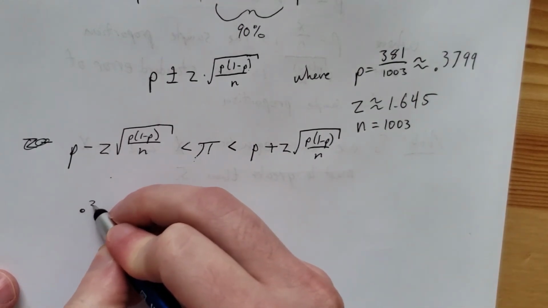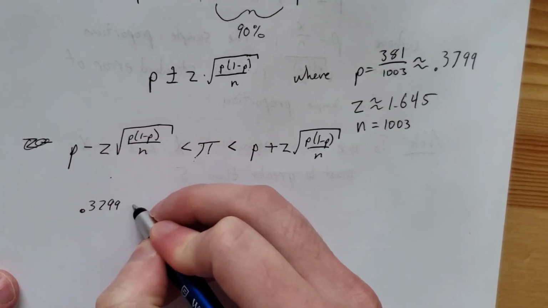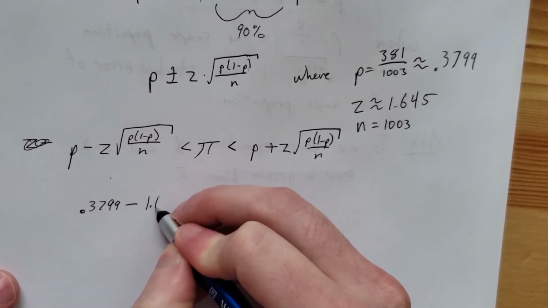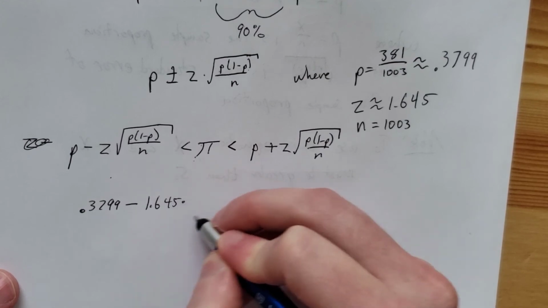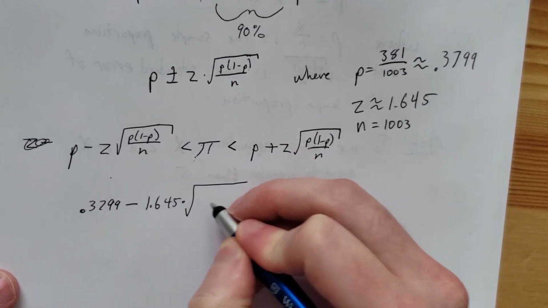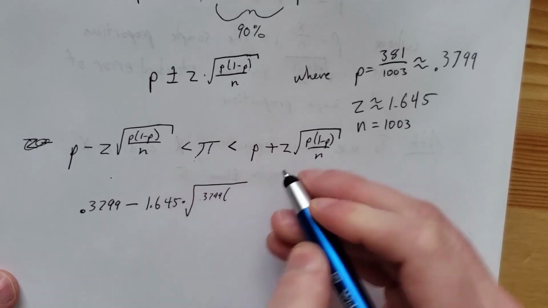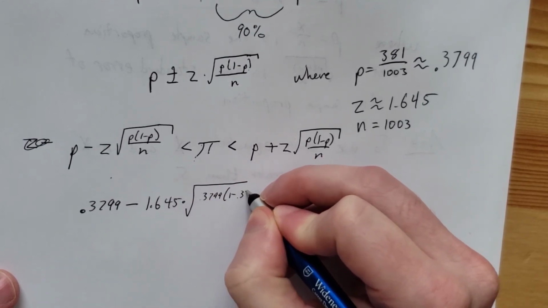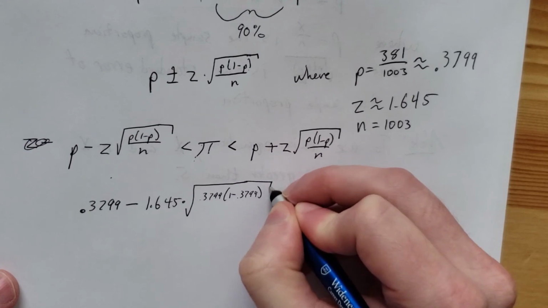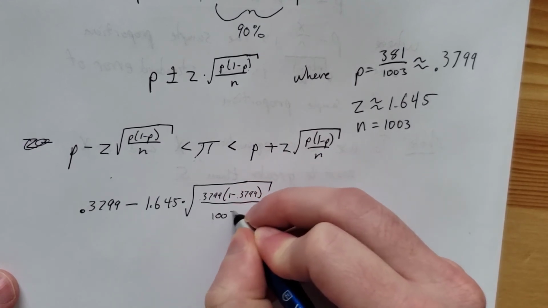So this is 0.3799 minus 1.645 times the square root of 0.3799 times 1 minus 0.3799, all divided by 1003.